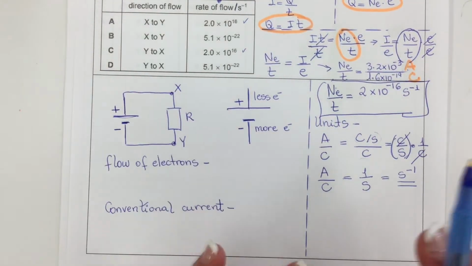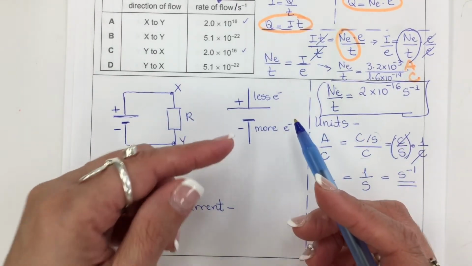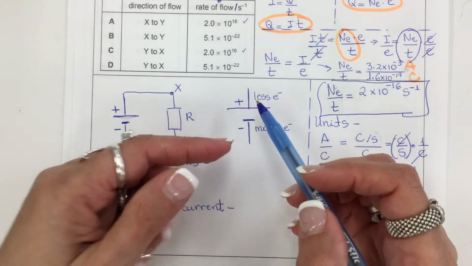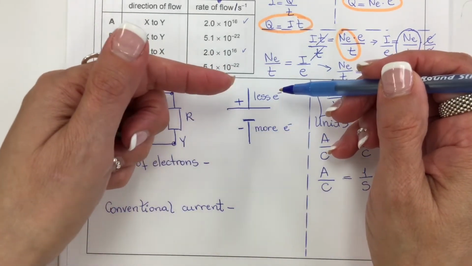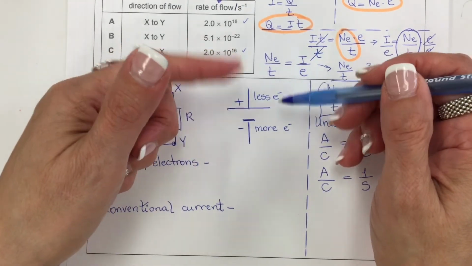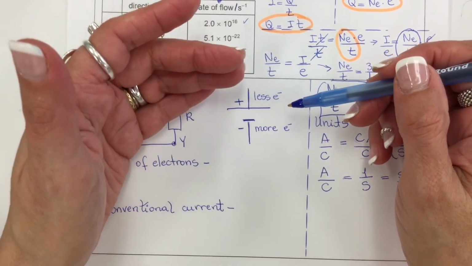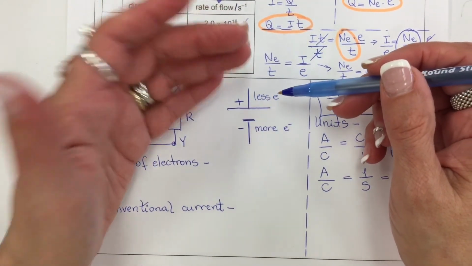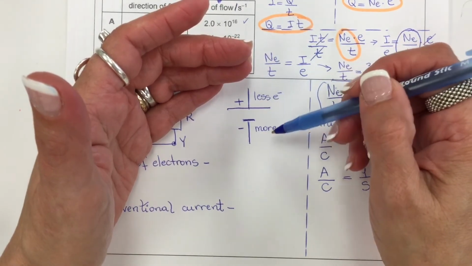One layer of the chemicals has more electrons, and the other layers have fewer electrons. So we have a difference between the amount of electrons. That's what is called potential difference. So there is a difference in the number of electrons on both sides.